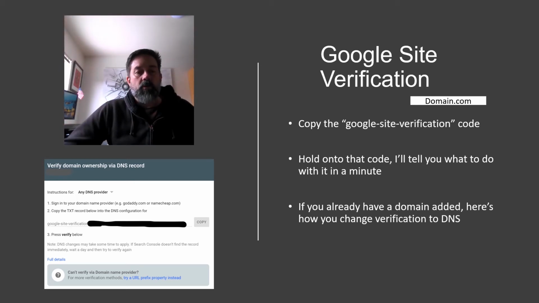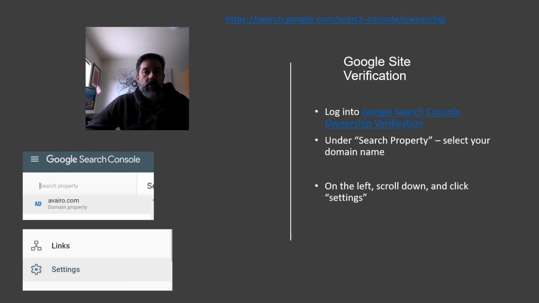Now, if you already have a domain name added, you'll have to go through a couple extra steps to also verify via the DNS or domain name verification method. So you should log into the Google Search Console again, and this time you want to go to search.google.com/search-console/ownership.